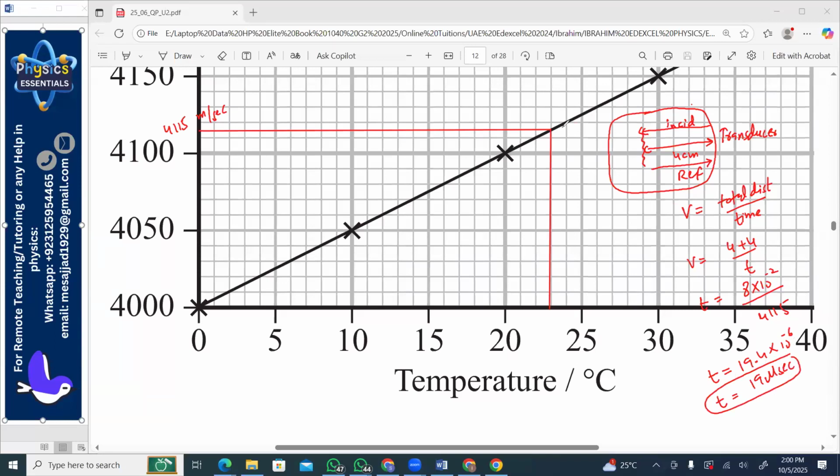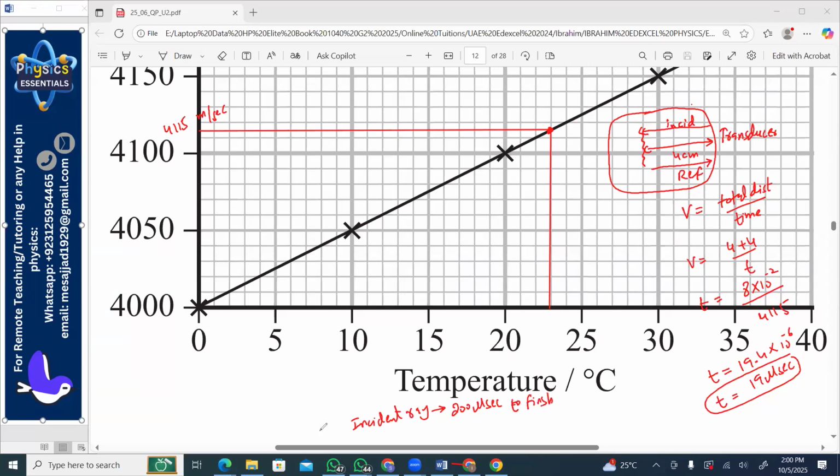So it means that the incident pulse will take 200 microseconds to complete, but the reflected ray is coming back in just 19 microseconds. So the incident ray was taking 200 microseconds to finish, okay?